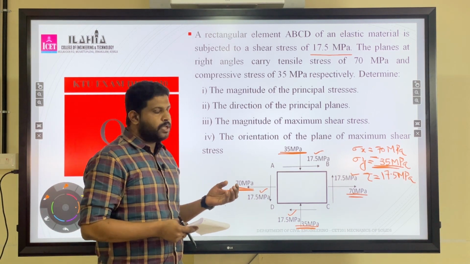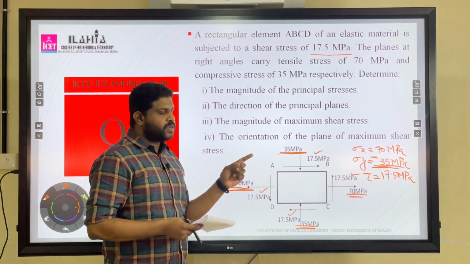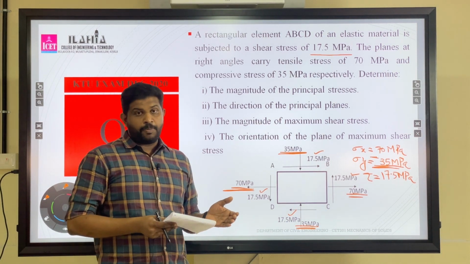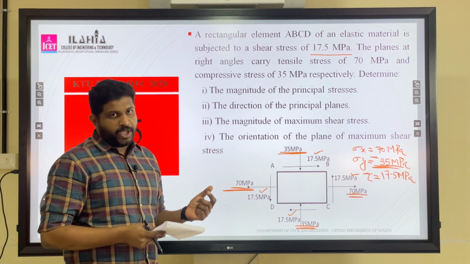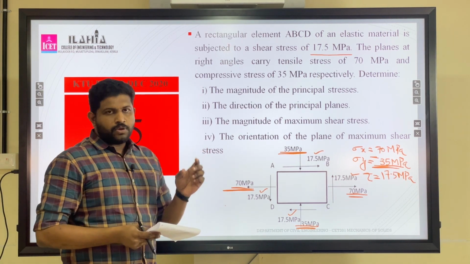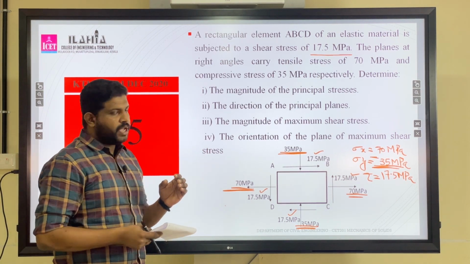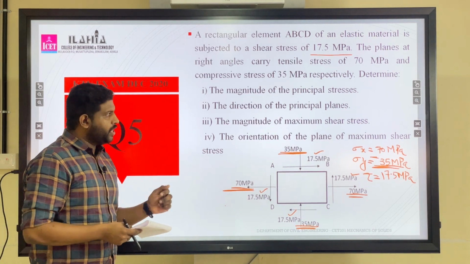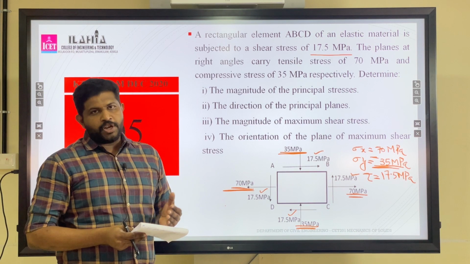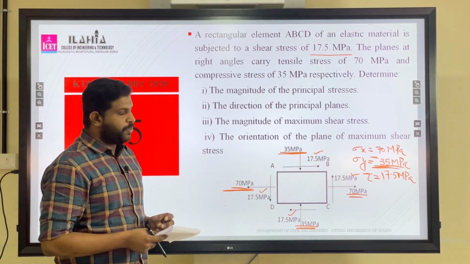That plane is called the major principal plane, and the stress corresponding to it is called the major principal stress. And there will be another plane, in which the shear stress value is also 0, but the normal stress will be less. It is called the minor principal plane, and the stress corresponding to it is called the minor principal stress.